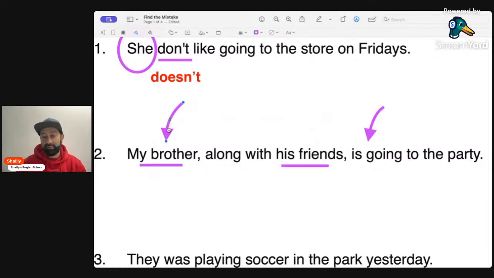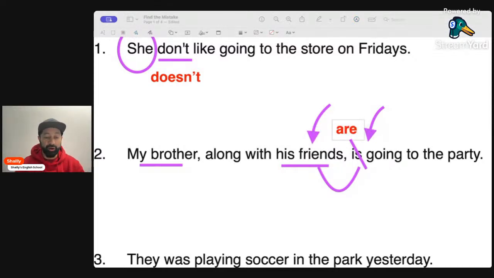But whenever we are making a sentence in English, we must match the verb to the closest subject. So here, the subject is friends. So this is more than one person. So friends would be they. So in that situation, this verb is incorrect. It must be are.